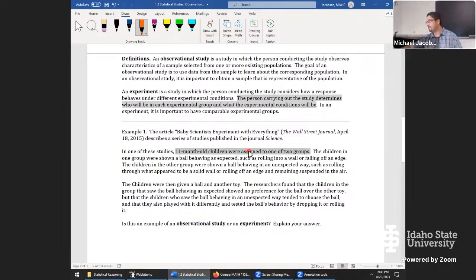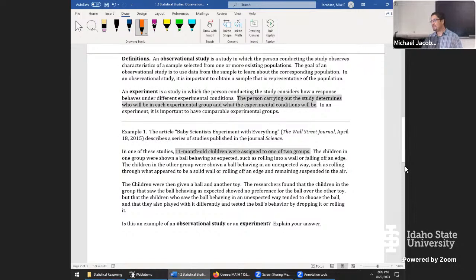I like that right there. Let me highlight that in gray. If you know that there's more than one group, it might be an experiment, but that's not a guarantee. Let's keep on reading to see if we believe it truly is. It says the children in one group were shown a ball behaving as expected, such as rolling into a wall or falling off an edge. So that ball is just obeying physics like anyone would expect.